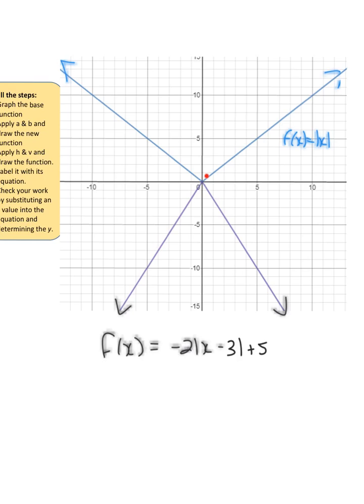So again, I've graphed this on Desmos so we can get an accurate look at what's going on. I just drew some key points on my original base absolute value function, and I'm going to transform those. So basically you're multiplying the y values by negative 2. So at the origin, the y value is 0, so 0 times negative 2 is still 0. And then here at 1, 1, the y value is 1, so multiply that by negative 2.